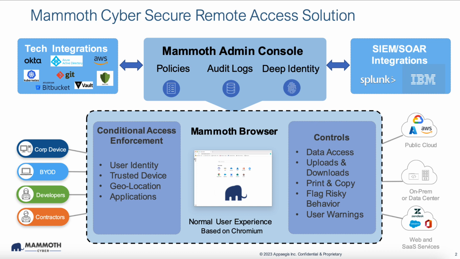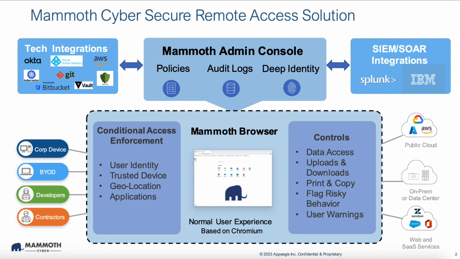Interesting. How about capabilities of an SSE framework like CASB and DLP? Yeah, our goal, especially for SSE and the CASB, was to be very much complementary. CASB offers very in-depth DLP, or data leak prevention, capabilities. But one of the limitations is that it can't provide those controls on a global basis, right? And so this is where the browser can be used to complement a data governance policy or initiative within an organization, in the sense that regardless of application, we don't need specific integrations with an application like a CASB does.